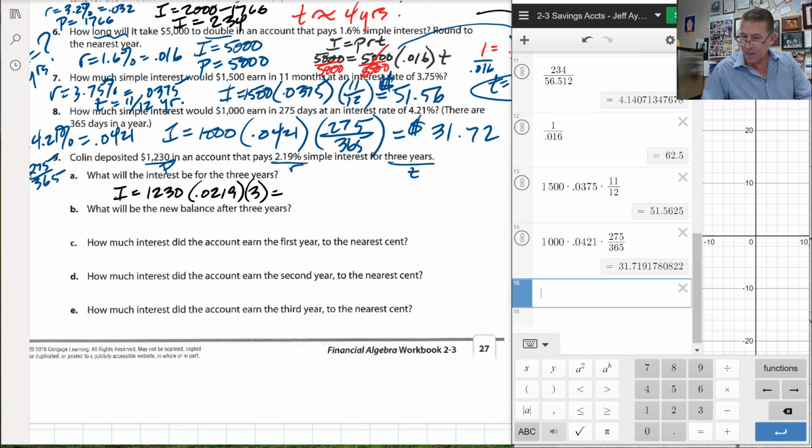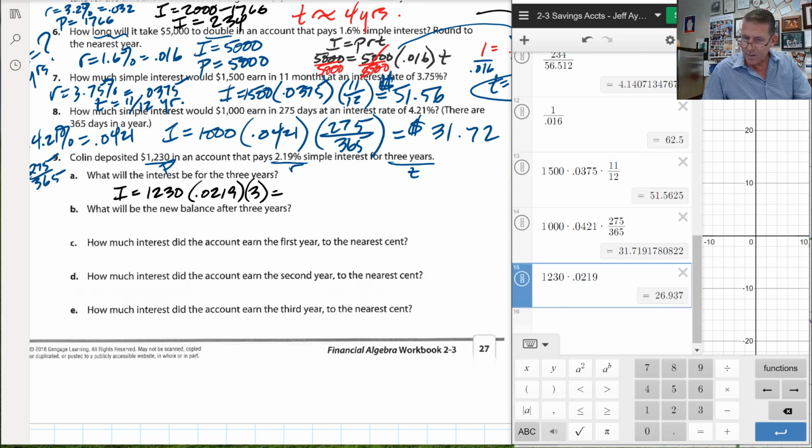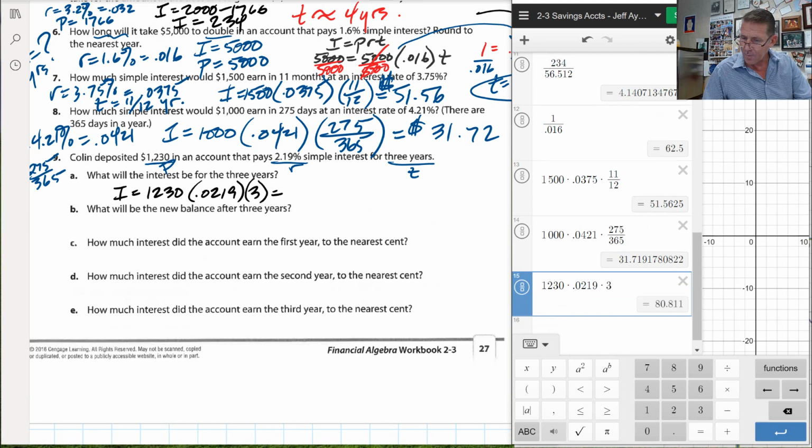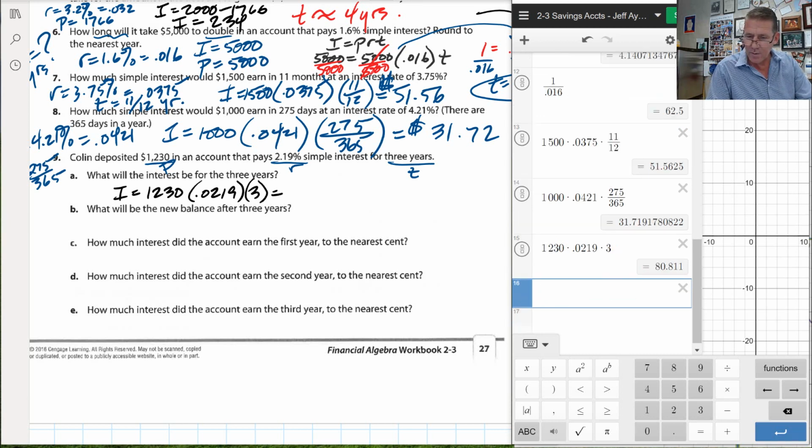Okay, and let's again do this in decimal. So 1,230 times 0.0219 times 3. Okay, 80.81. There's your interest. What will the new balance be? Well, the new balance is equal to the interest that you earn plus the principal.